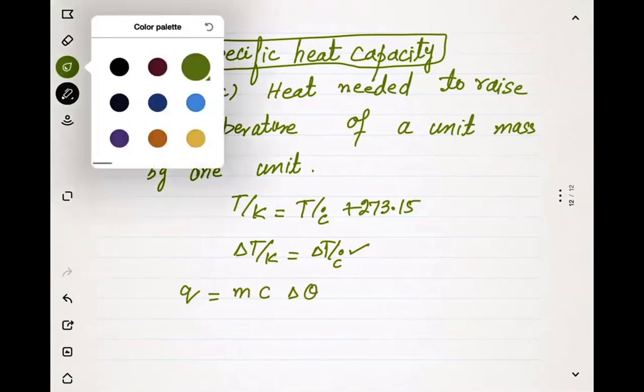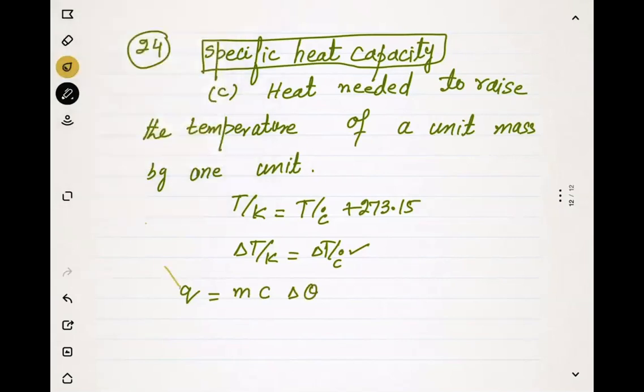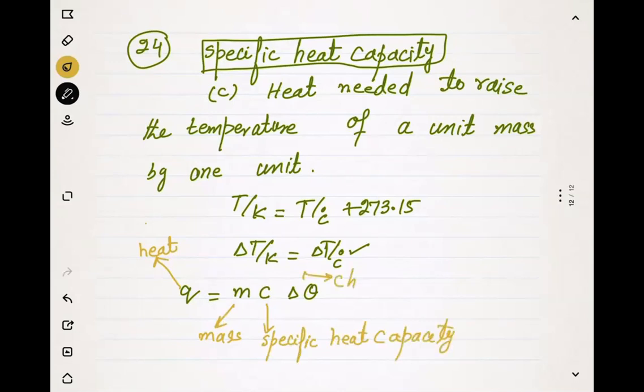In this formula, Q is heat, m is mass, c is specific heat capacity, and delta theta is change in temperature.